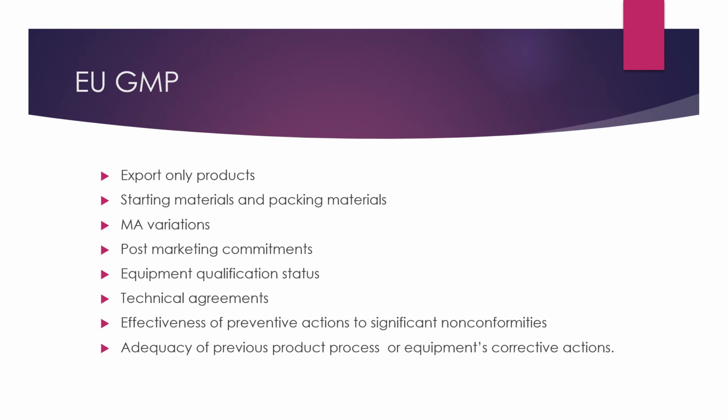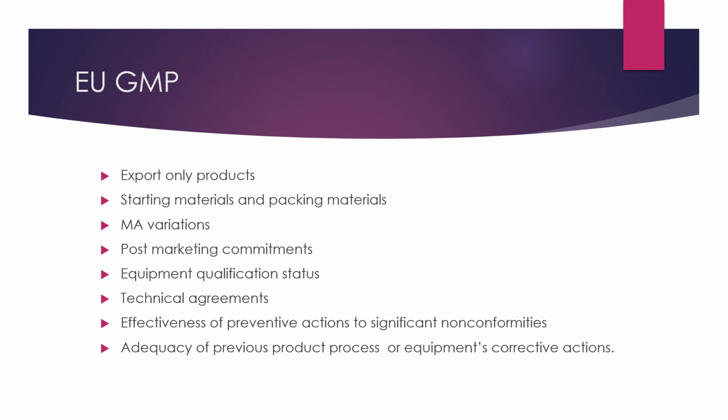So these are the other points that we have to combine or we have to cover if we are following the EU GMP guideline. So all the technical agreements, even the equipment qualification stated that has been done during the review period.